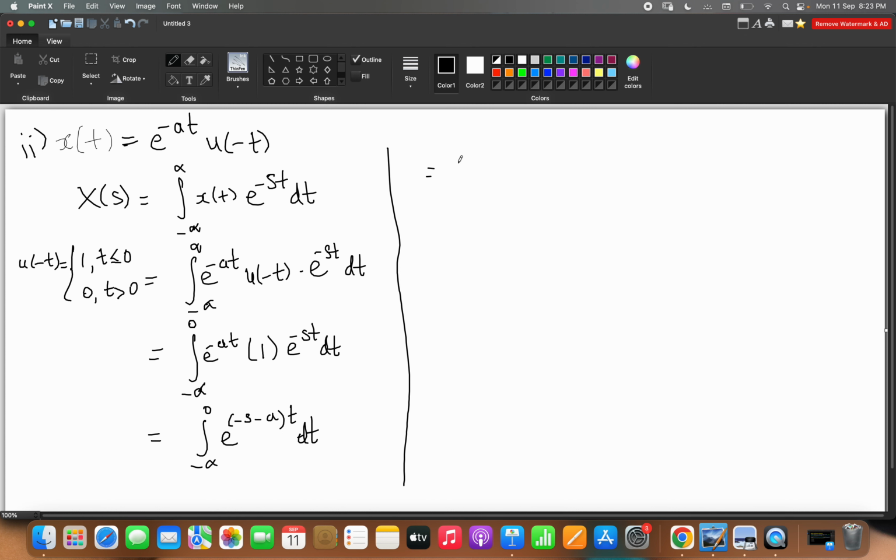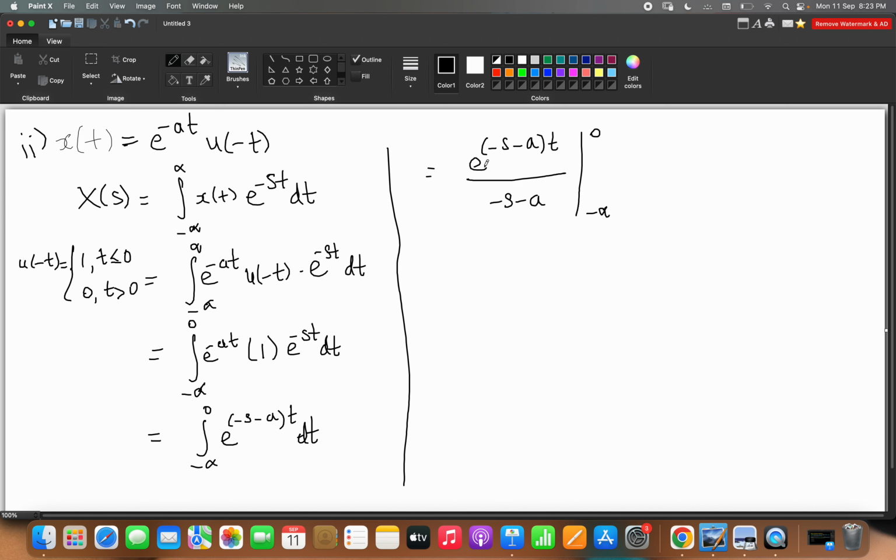So you know, integration of e power ax is equal to e power ax divided by a. In this case, e power minus s minus a into t divided by minus s minus a, and we know the upper limit is 0 and the lower limit is minus infinity.